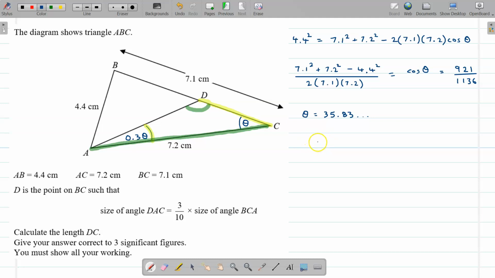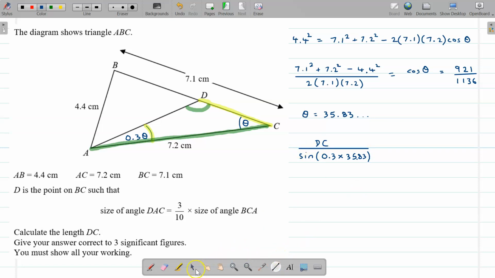So I'm going to say exactly that. DC over sine 0.3 times that. So DC over the sine of 0.3 times 35.83. I need brackets around that, and I need my fraction line in there.